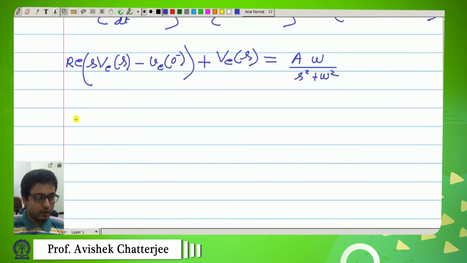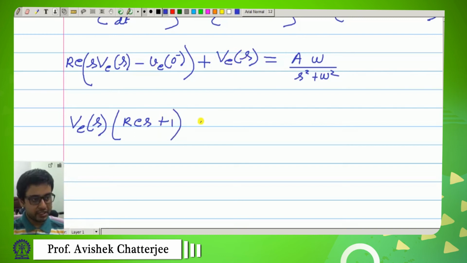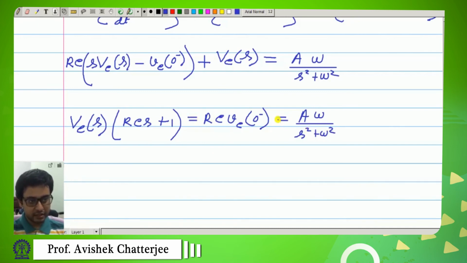Now I will take VC(s) common and write VC(s) multiplied by (RCs plus 1), minus RC vC(0 minus). This is equal to A omega by s squared plus omega squared. I can bring this term to the right side like this, with a plus.